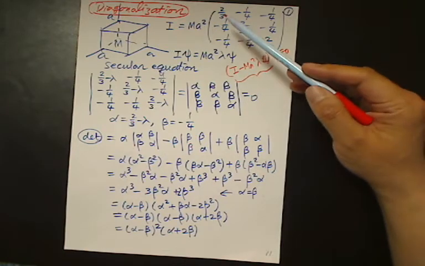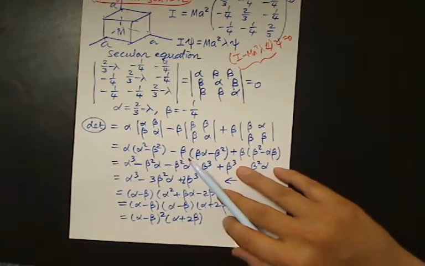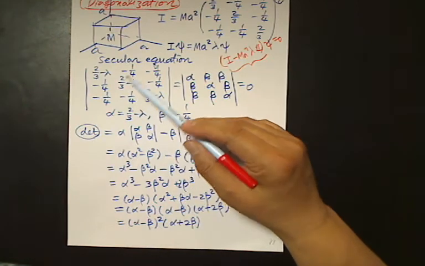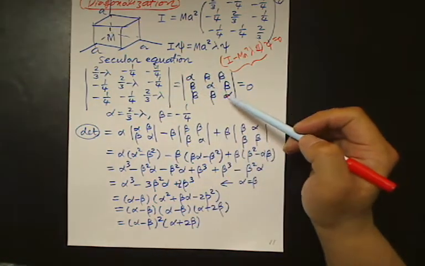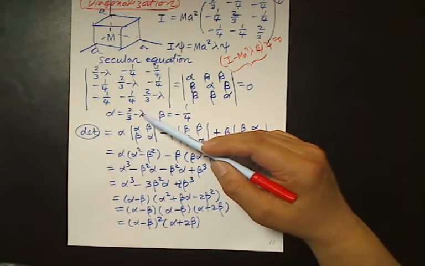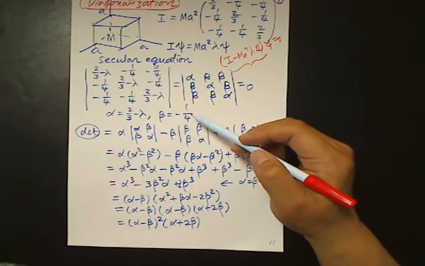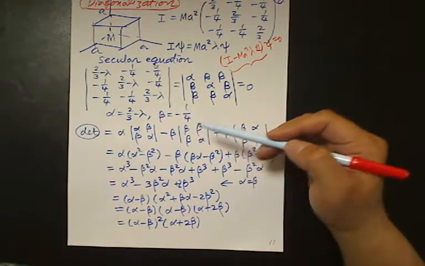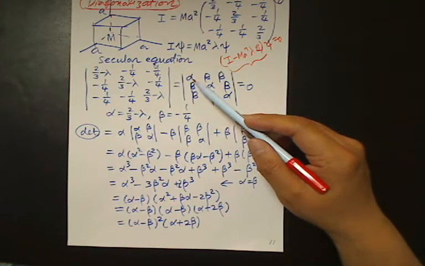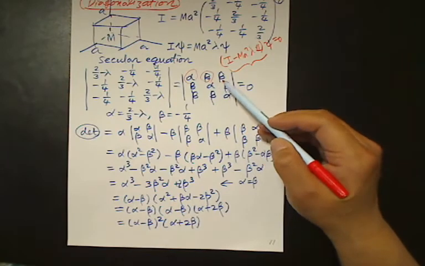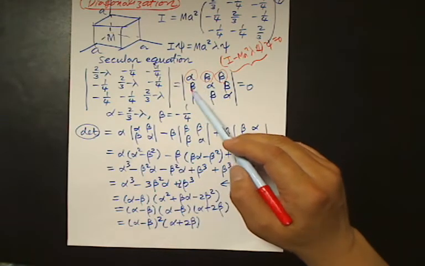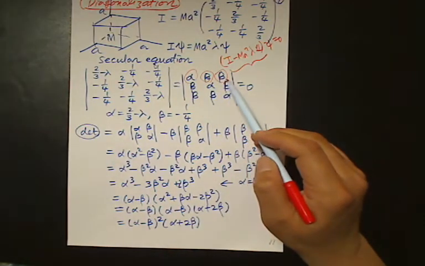We substitute these values in here, and because the calculation is too busy, let me write this one. Substitute this as alpha: all the diagonal elements are alpha, 2/3 minus lambda. And all the off-diagonal elements, that is minus 1/4, will be beta. So let us compute the determinant of this. Let me choose the elements of the first row. The first is alpha, and remove this column and row.